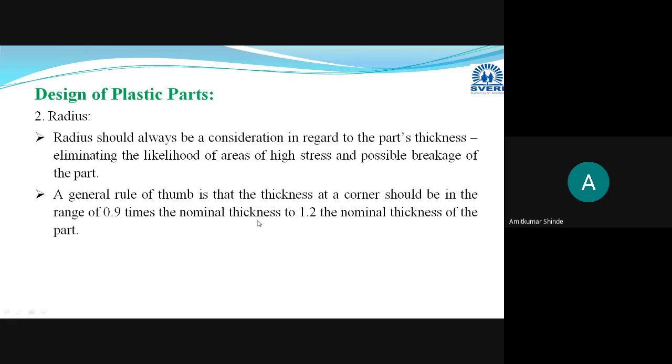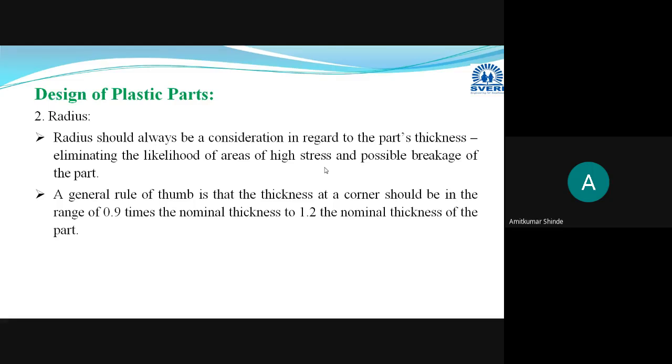And what is the benefit of avoiding the sharp edges? Whenever sharp edges are there, high stresses will be there. Due to the sharp edges, at that particular point, stress will be more, and the possibility of breakage of the particular component or part due to those sharp edges is more.